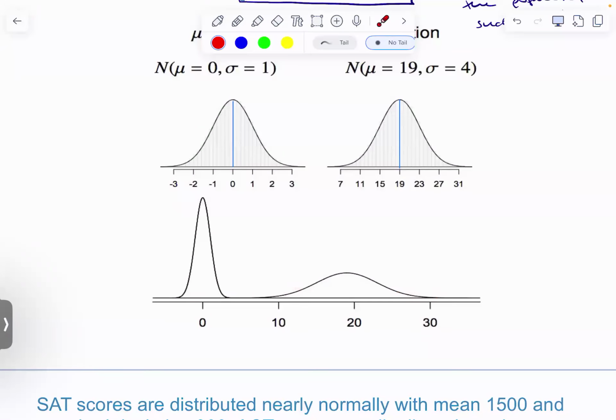Here's our first distribution, this little guy is our normal 0, 1 distribution, and this little guy is our normal 19, 4 distribution. We see the 19 is shifted over.